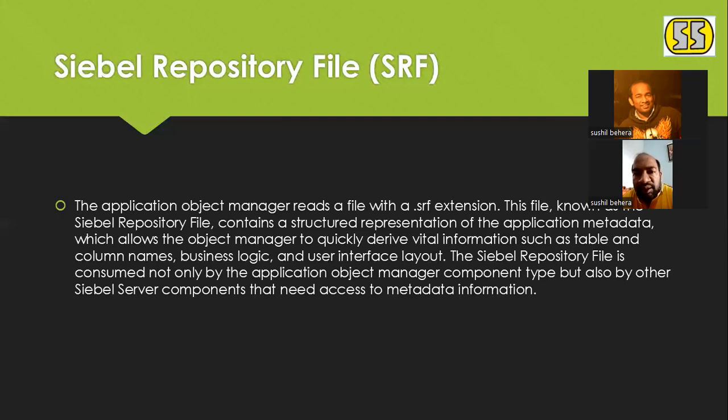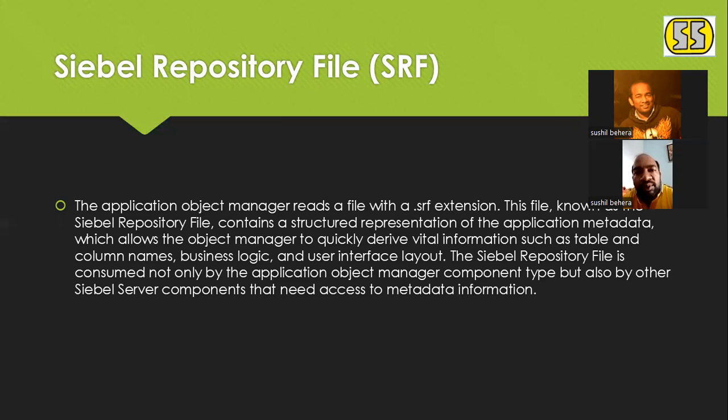We created an applet, a PC, a view, and once we created them in the tools, that does not mean they are available in the application. To make them show in the application, we compile these objects to the repository file. Repository file means the SRF file, and we deploy that SRF file in the application.